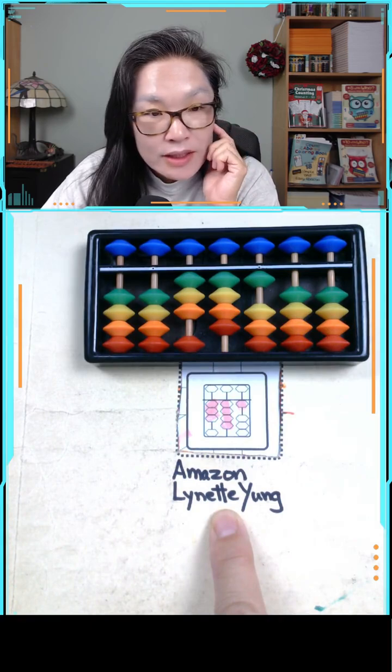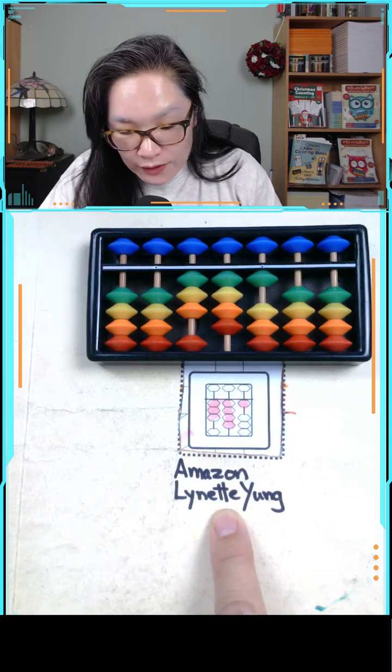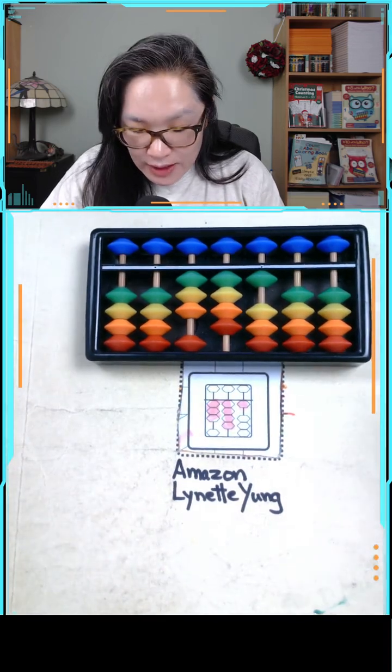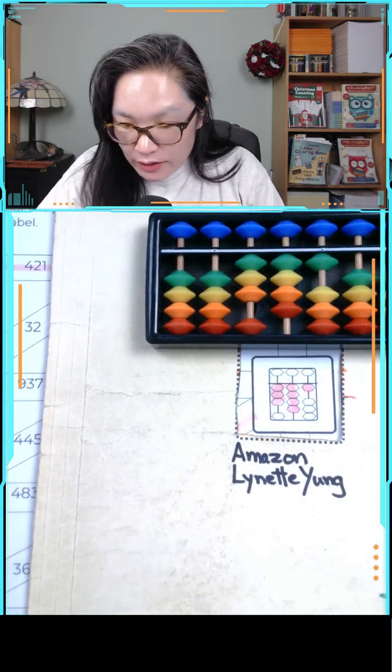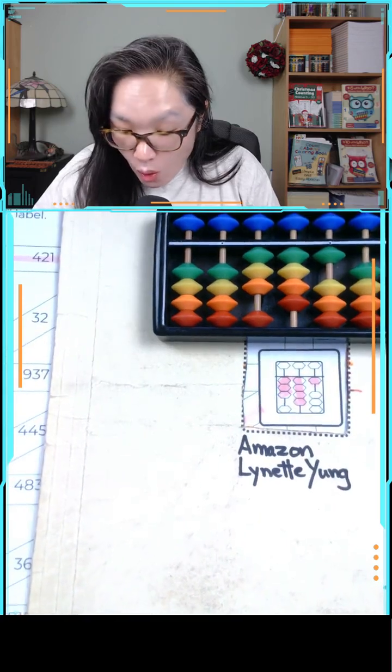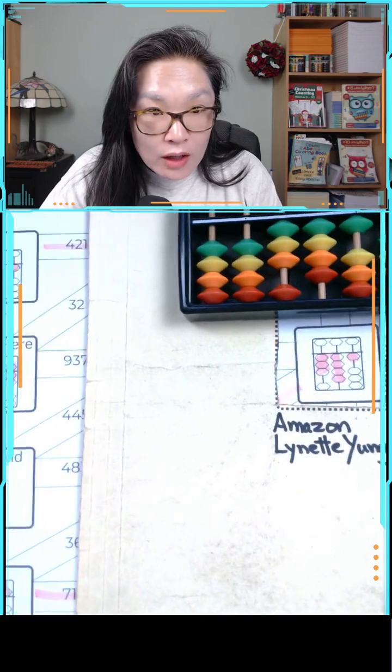I've been an Abacus teacher for about 20 years, and I see that there's a difference in keeping your mind active, and that's what we're doing. You could use a calculator, not a problem, but then that would not help the situation of warding off dementia.